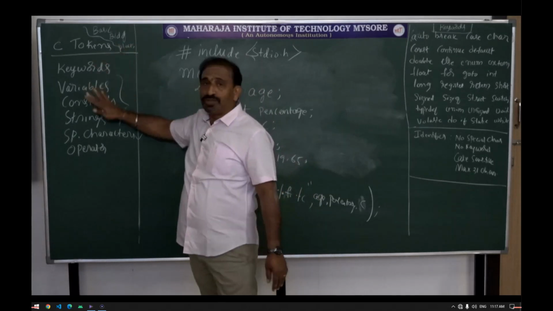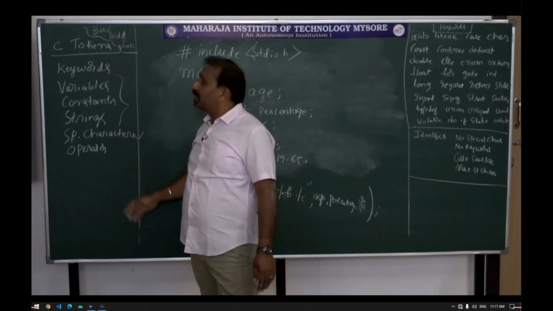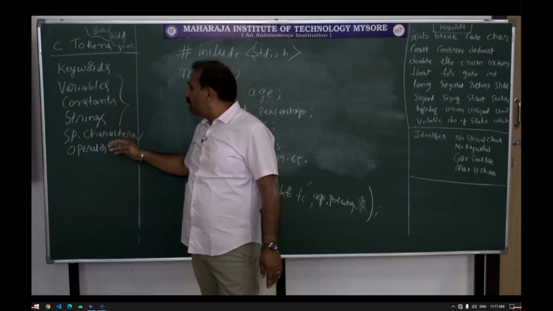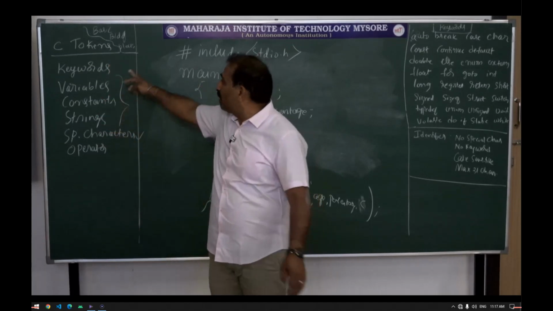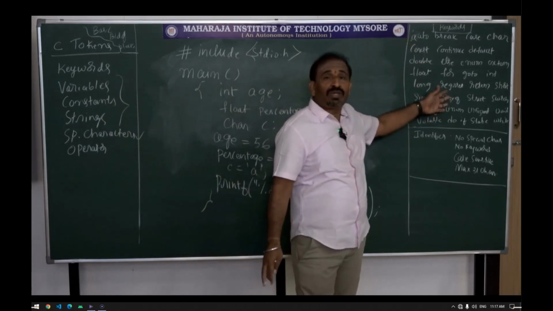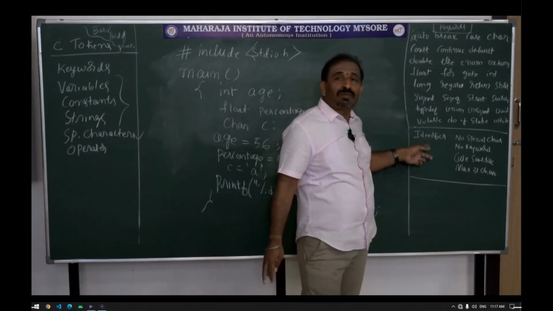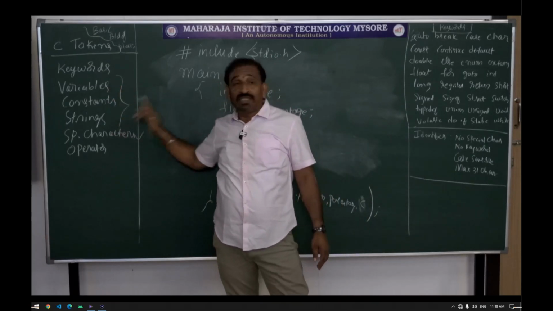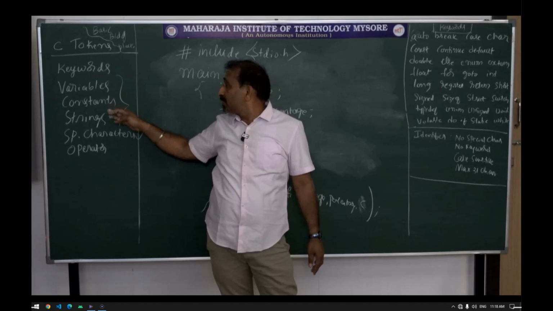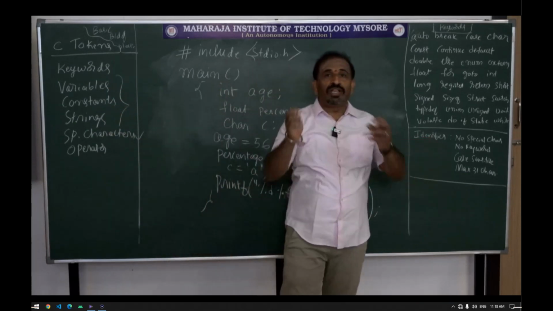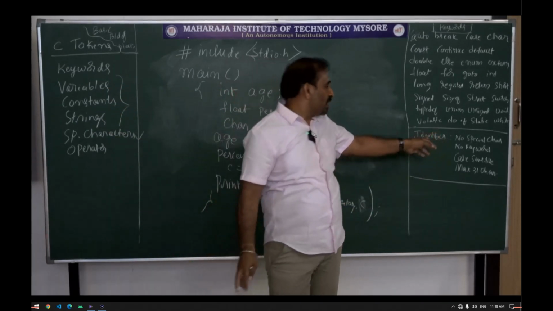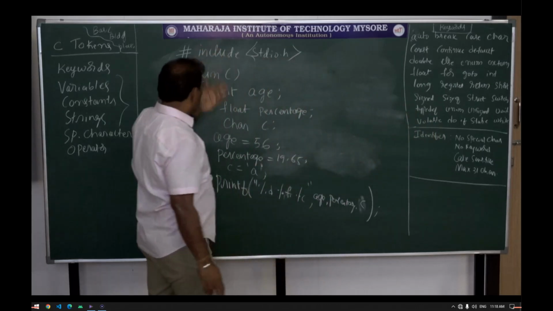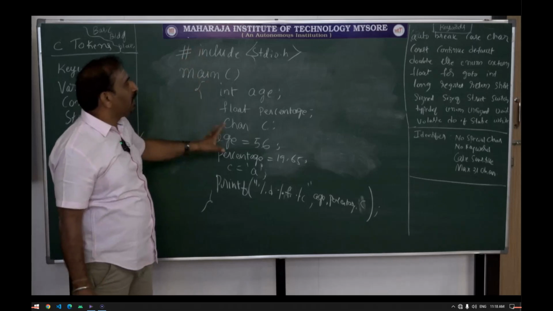So in this video I have explained different kinds of tokens like keywords, variables, constants, strings, special characters, operators, etc. There are 32 keywords I have explained. Then I explained identifiers like variables, constants, strings, where you give some name to it. Some rules are there for that, and after that I showed you a small example.